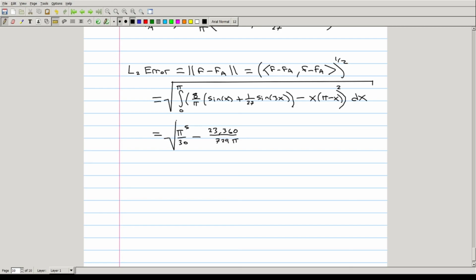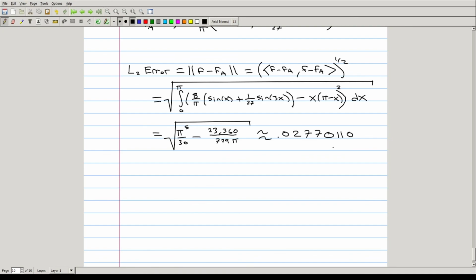So the integral ends up being the value under the square root, and you have to take the square root of this to get the value of this norm. But if you evaluate this norm, you get that it's approximately equal to 0.0277, 0.110.